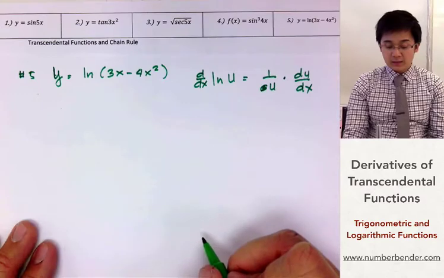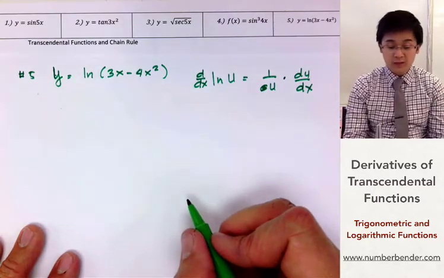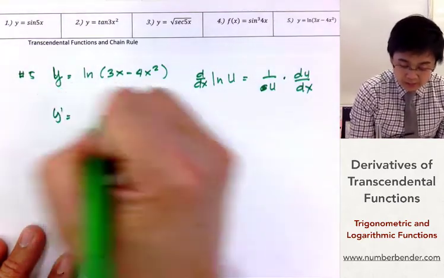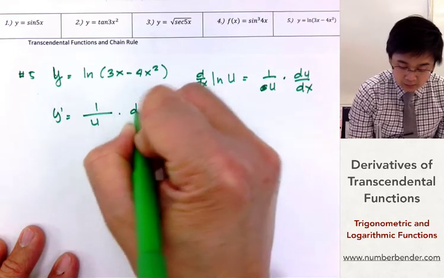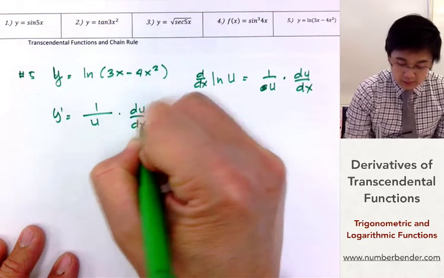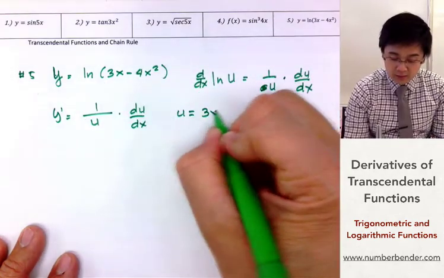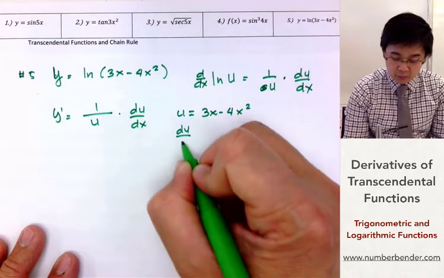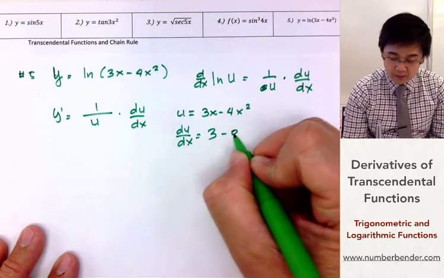And this is what we're going to be using in finding the derivative of this transcendental function. So y prime is equal to 1 over u times du over dx. Now we just need to define what u is, and here u is 3x minus 4x squared, and the derivative of u with respect to x will be 3 minus 8x.